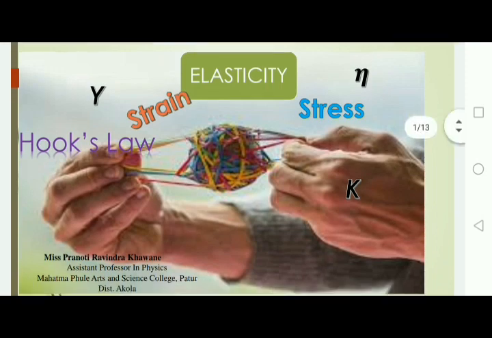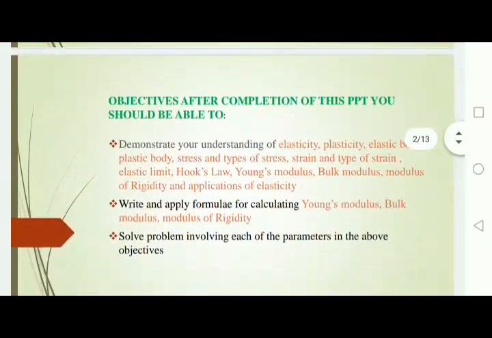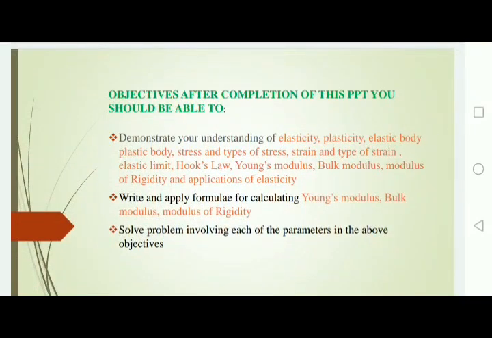What you will get after completion of this PPT is to demonstrate your understanding of elasticity, plasticity, elastic body, plastic body, stress and types of stress, strength and its types, elastic limit, Hooke's law, Young's modulus, bulk modulus, modulus of rigidity and applications of elasticity.